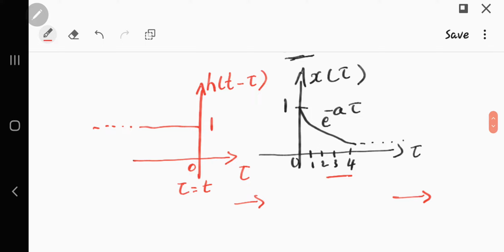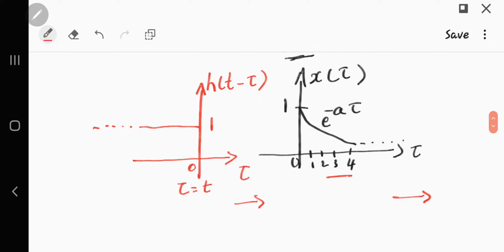This is what is given in step number 3, where it says the product x of tau h of t minus tau is integrated over all tau to produce a single output value. This process will continue repeatedly until the output value keeps repeating the same. There we will stop our integration process, and conclude the result by taking the overall values of y of t.